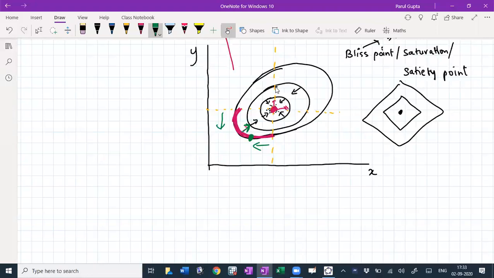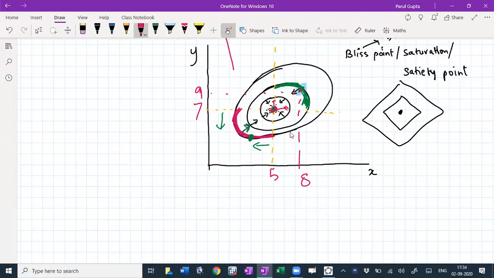If I am, however, on the diametrically opposite segment, at a point like this, I have more X than what is there at my bliss point, and I have more Y than what is there at my bliss point. So if this was 5 and this was 7, at a point like this, I have 8 and 9 or something like that.